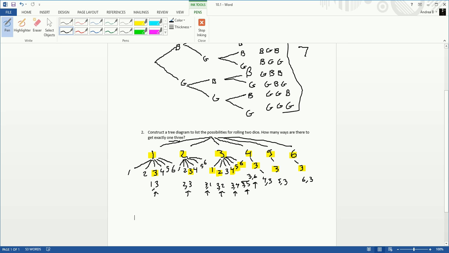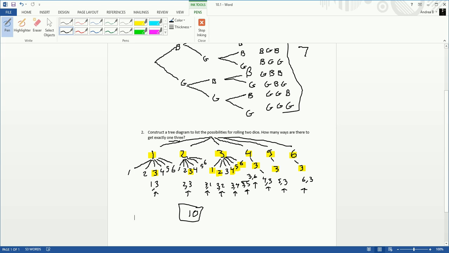And then 7, 8, 9, and 10. So there are a total of 10 ways here in this case to get it so that we have exactly 1 3. So remember, anything that has just 1 3 is what we include in this case. So we wanted exactly 1 3.